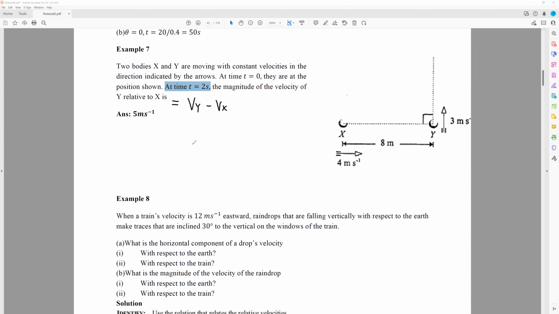So how can we do it? The velocity of y is upwards with magnitude 3, and then minus the velocity of x, that is 4 horizontal to the right. So hope you still remember how we add vectors together. It should be some vector in this direction.